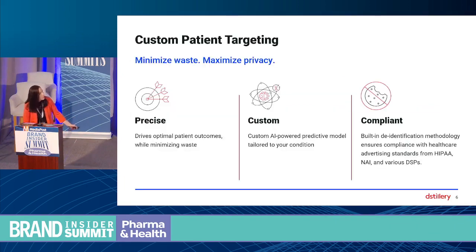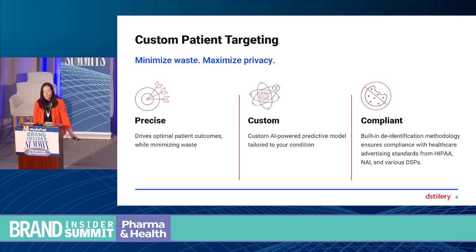So the three things we want you to remember about custom patient targeting is it's precise, it's custom, and it's compliant. It's precise because our product allows you to target only the anonymous patients that are most likely to convert for your brand. And we do this with our patented AI technology. It's custom because our product takes your desired seed data set, combines it with our technology, and creates a custom model.